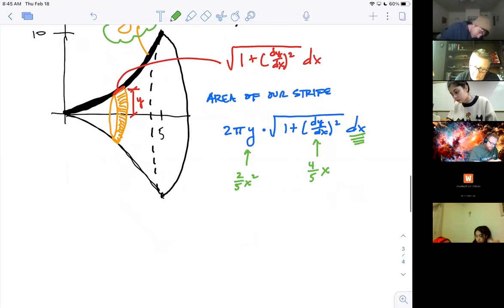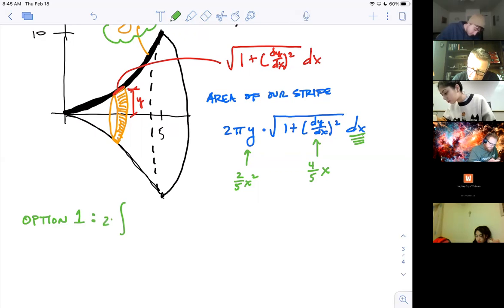Wait, but didn't we need a regular x in front to cancel? Because it's now an x squared, wouldn't that be problematic? Yeah, let me write this out and see if you all understand what Eve just said, because she is right.